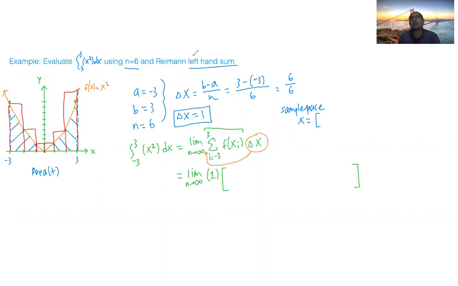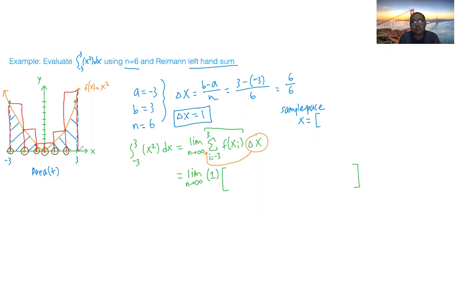Because we are taking the left-hand sum, okay? What we're talking about is the left hand of each of these rectangles. So we're taking this as sample 1, this as sample 2, this as sample 3, this as sample 4, this as sample 5, and this as sample 6.